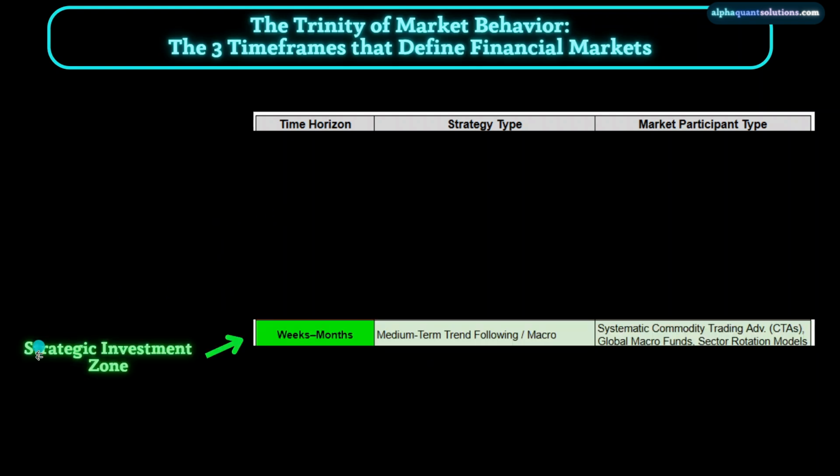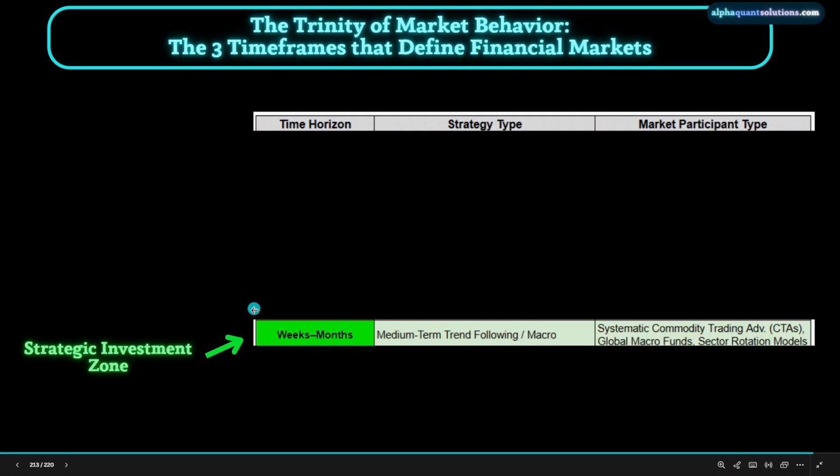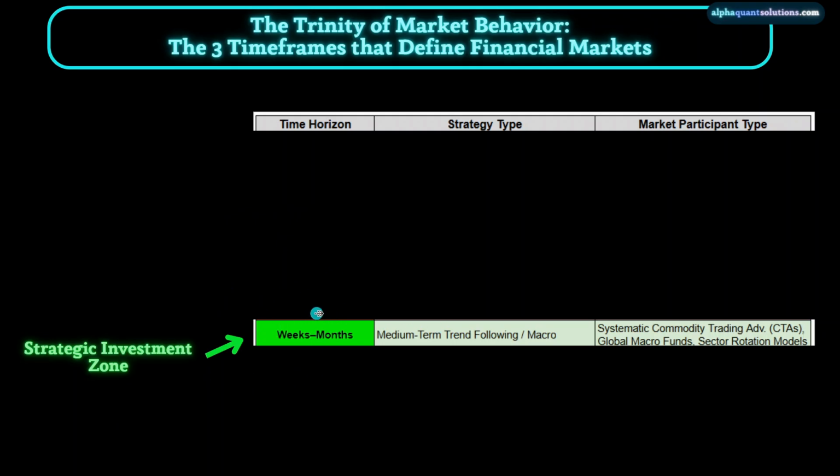Moving now to the strategic investment zone, with the first row being strategies that span from a few weeks to a few months in terms of time horizons. And here, this is the domain of commodity trading advisors and global macro funds. And these tend to ride medium-term trends across asset classes.